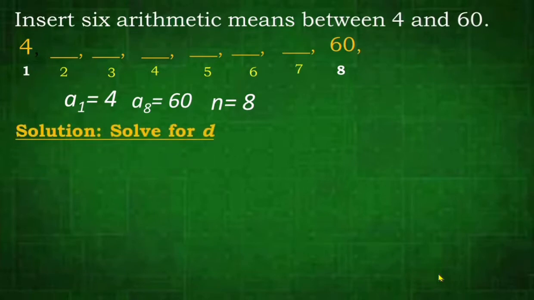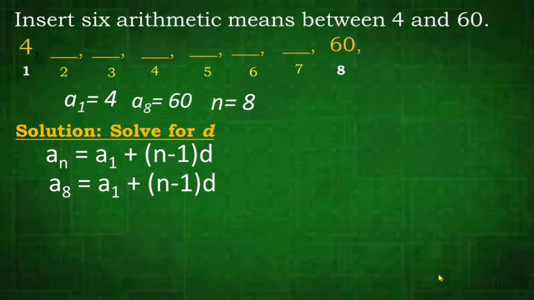We have to solve for d first. Let us use the formula. A sub n is equal to a sub 1 plus the quantity n minus 1 times d. Then that is a sub 8 is equal to a sub 1 plus the quantity n minus 1 times d. And according to our given, a sub 8 is 60, a sub 1 is 4, n is equal to 8, and the unknown is d.